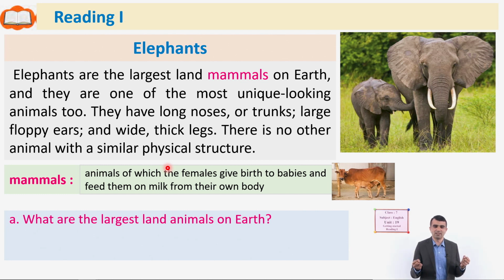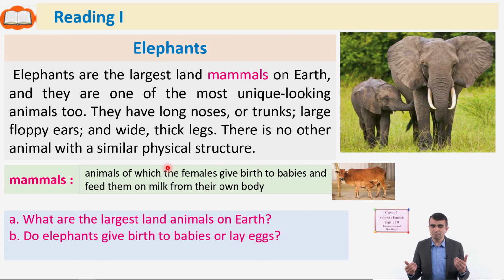Now similarly, do elephants give birth to babies or lay eggs? Is it given here? It is not directly written, but what is written? Largest land mammals. So mammals means they must give birth to babies.